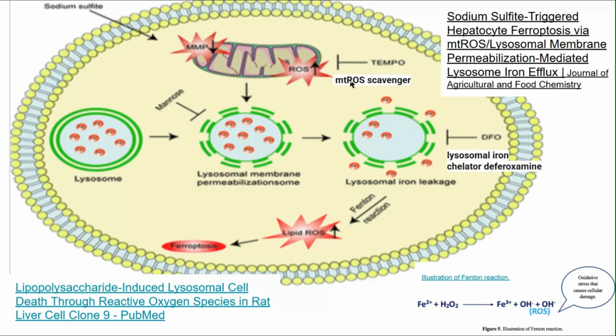And then remember that in Lyme's disease, that bacteria can increase lysosome fragility as well. So that's something to consider, that we all could be at risk for these excessive hydroxyl radicals when we're dealing with LPS or when we're dealing with sulfite in excess.